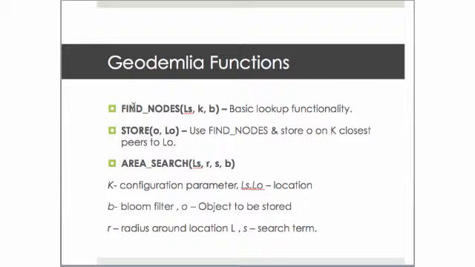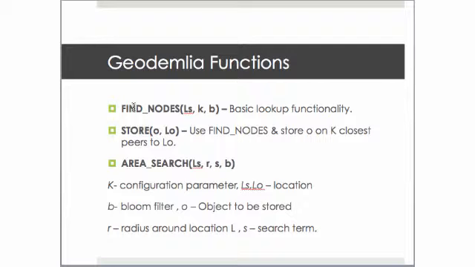GeoSwarm supports the following functions: find node, store, and area search. The find node requests the k closest peers to location L that are not contained in the Bloom filter. The store requests an object O with location L to be persisted by the overlay, which uses the find node functionality.